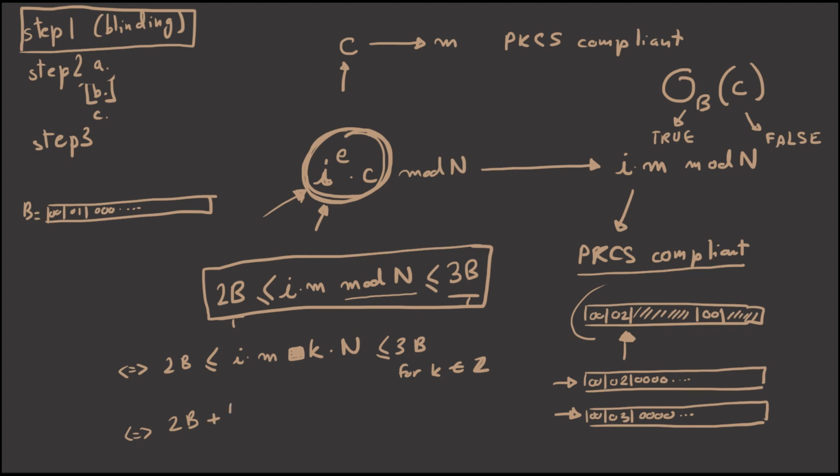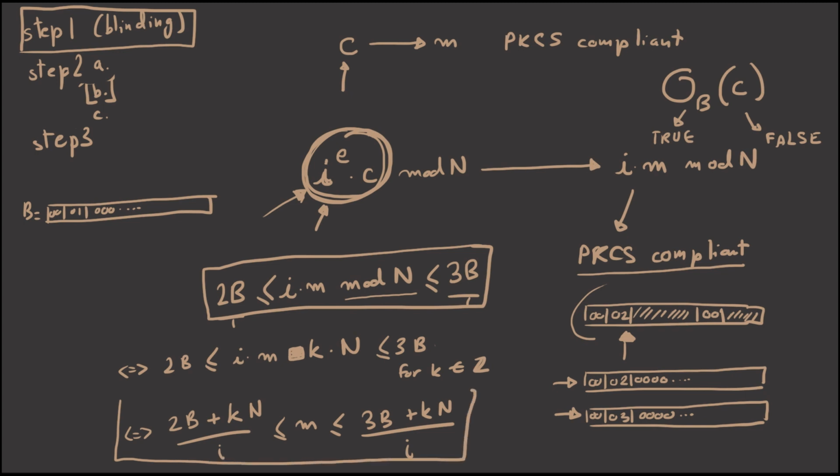So we can write 2b plus Kn over I smaller than m, which is smaller than 3b plus Kn over I. Again, in Bleichenbacher's paper you might have a 3b minus 1, but this doesn't really matter, so I'll just omit it for simplification. And here we have a bound on m.